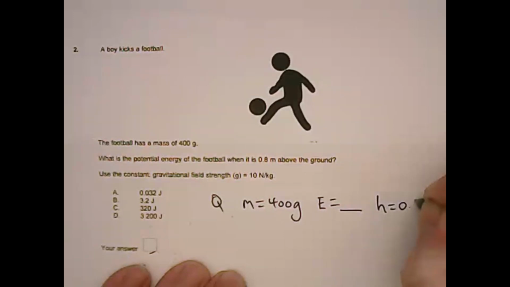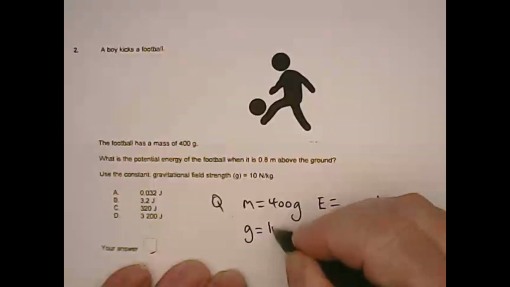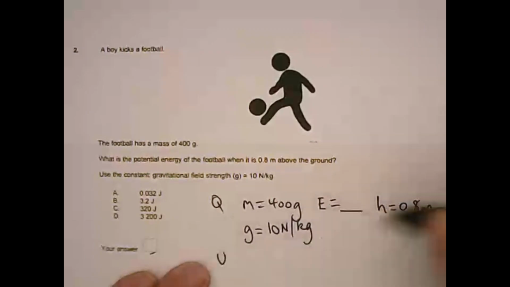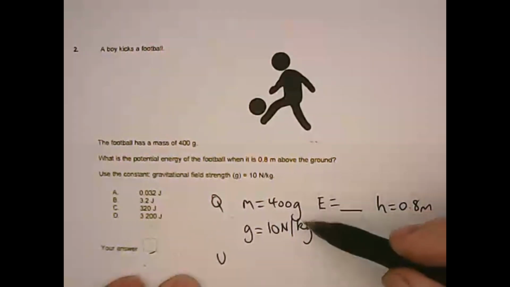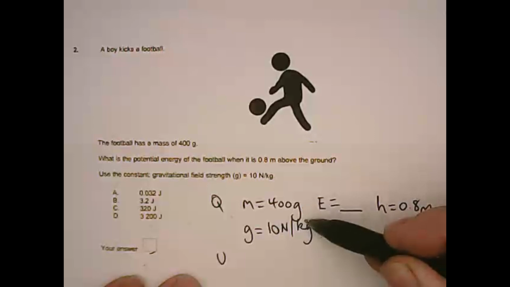So I'm going to write that as h. And we've got this value of G, that equals 10 newtons per kilogram. Units wise, I need to check my units. Are we happy? Not really, because I've got grams here and kilograms there. We need consistency here.